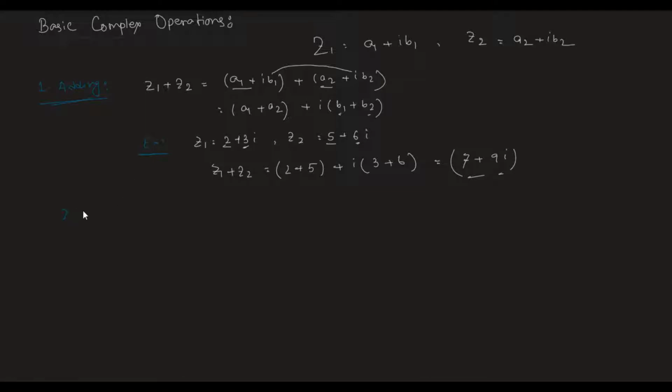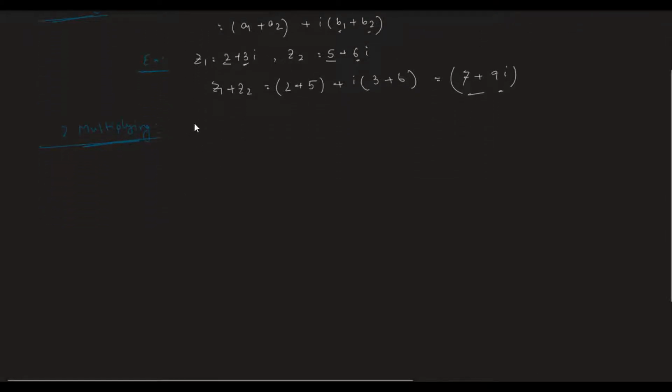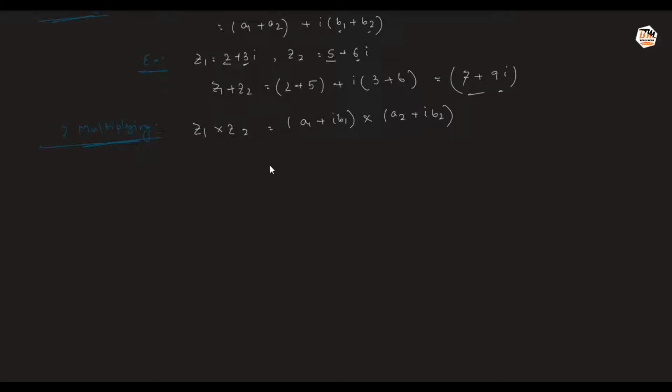Now we will do multiplying. For multiplying, z1 into z2 will be a1 plus i b1 into a2 plus i b2. We first multiply a1 with both terms, and after this i b1 with both terms. So a1 into a2, then a1 into i b2, so plus i of a1 b2.